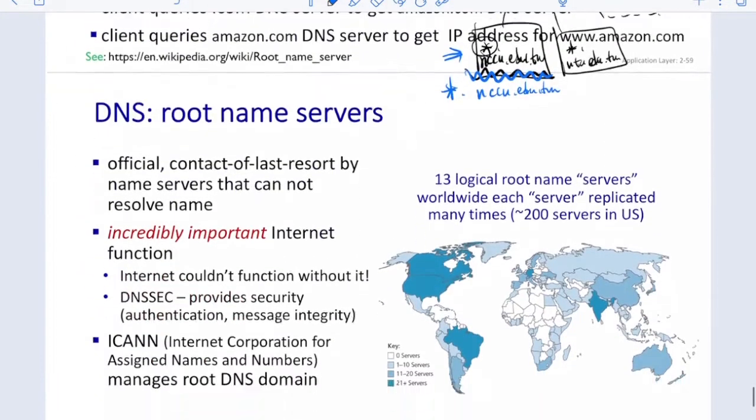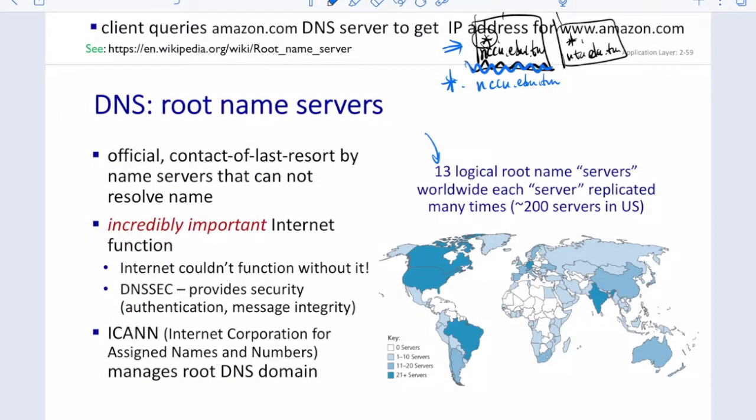Of course, in the very beginning there were only 13 root servers, but it is not possible for them to serve all the hosts, for example, 4 billion hosts on the internet, to do such name resolving, right? So basically we have hundreds of replicas to do, for example, load balancing for these 13 logical root name servers.